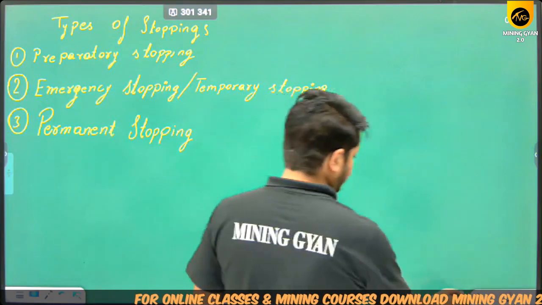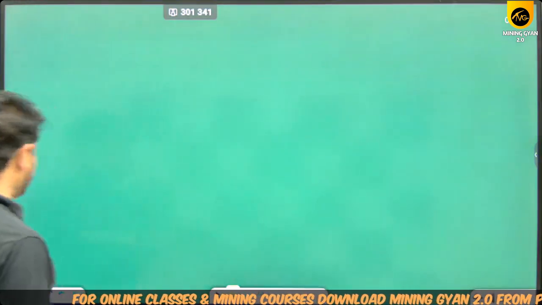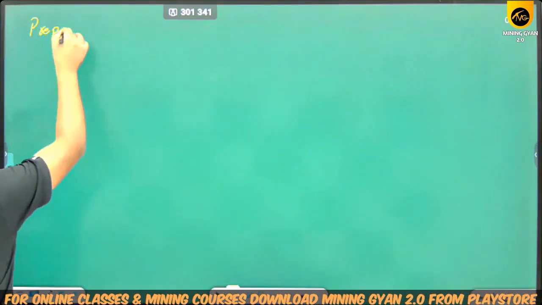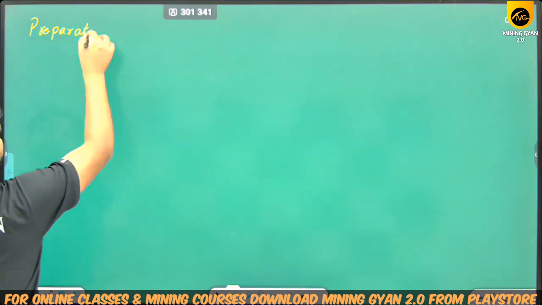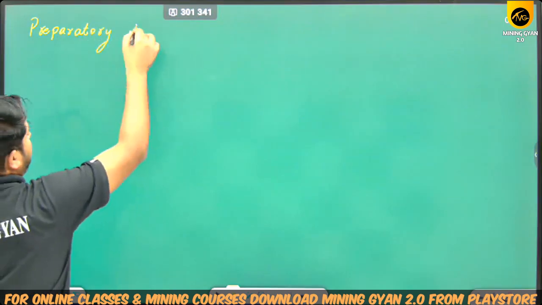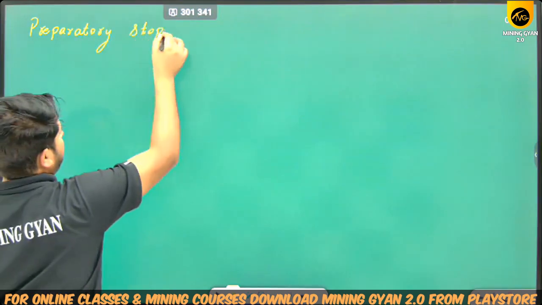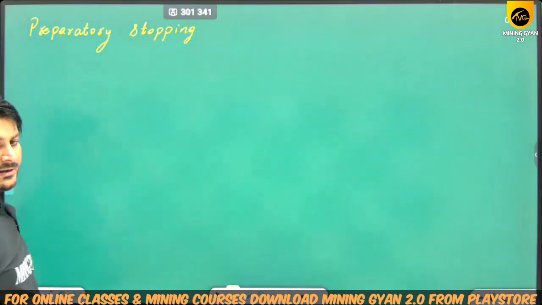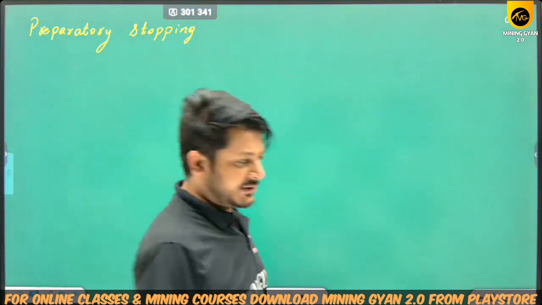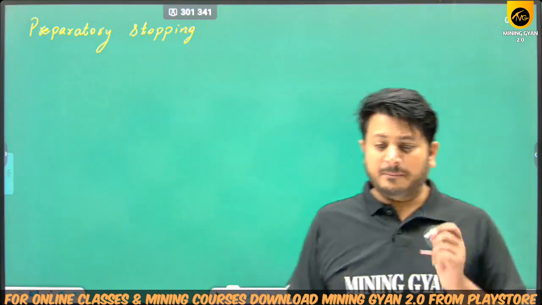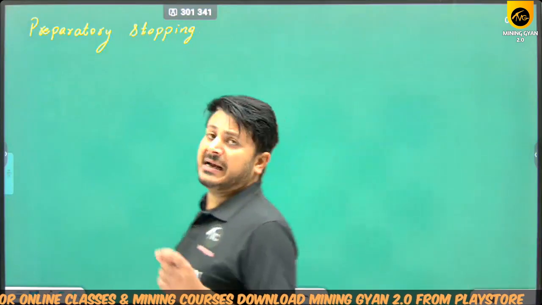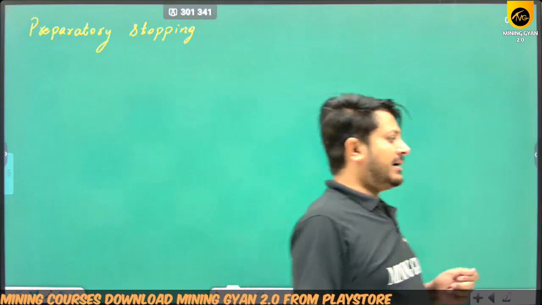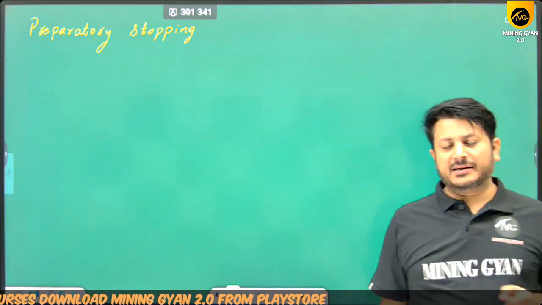अगर मैं बात करूं सिर्फ और सिर्फ प्रिपरेटरी स्टॉपिंग की, तो इसकी खास बात क्या होती है? बेसिकली इट इज पार्शियली मेड। It is made at the entries of the district, and the timing for making it is before deploying.